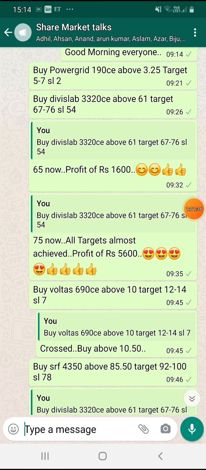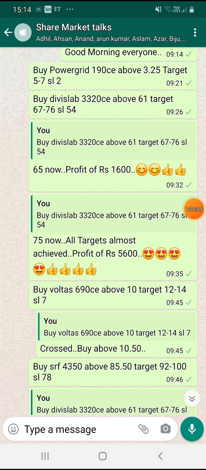For example, if our call is buy Divis Lab 3320 CE above 61. This is a 3000 plus share, but still we have a 20 point strike. There are few shares like that. It is not accurate, but mostly it will be 50 and 100. Very few shares have a 20 point strike. So this is our call, buy Divis Lab 3320 CE above 61.